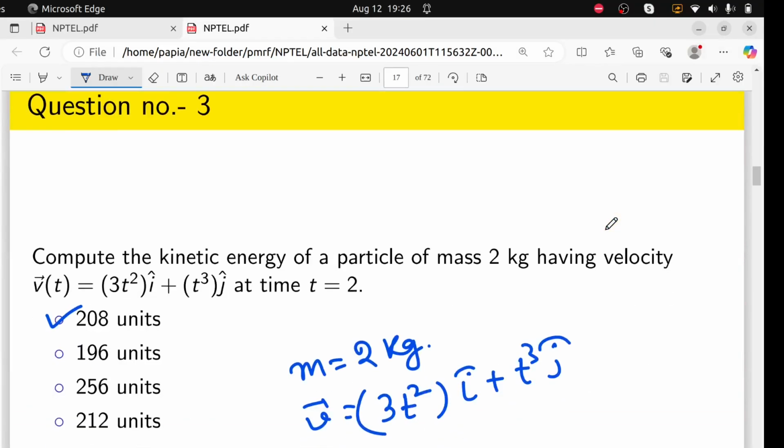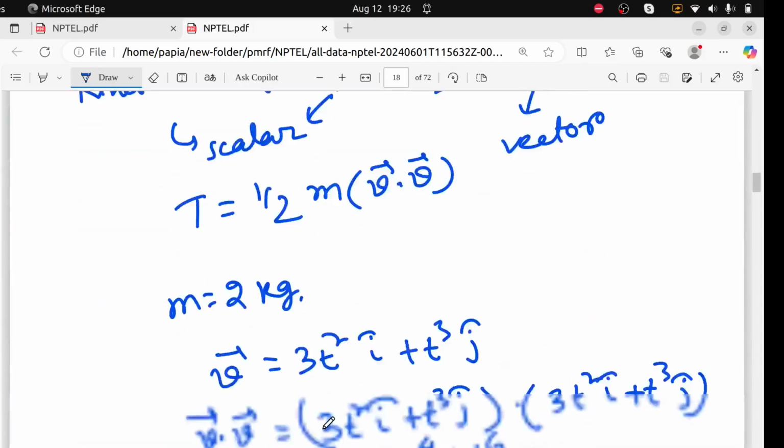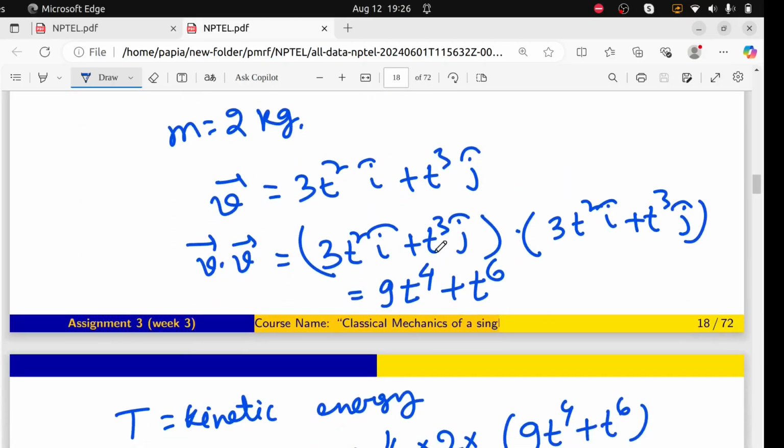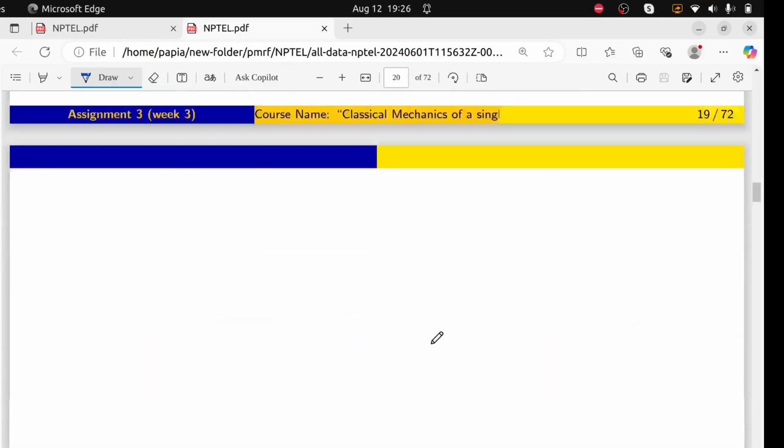Then in the next question, compute the kinetic energy of a particle of mass 2 kg. Velocity is given, so the kinetic energy is half m v dot v. So we can find it at t equals 2 as a range.